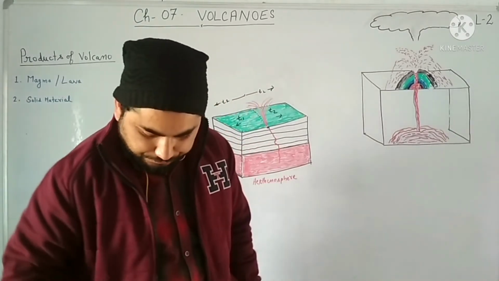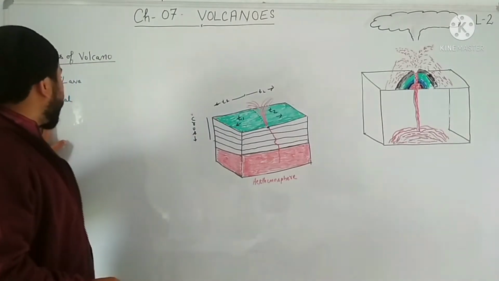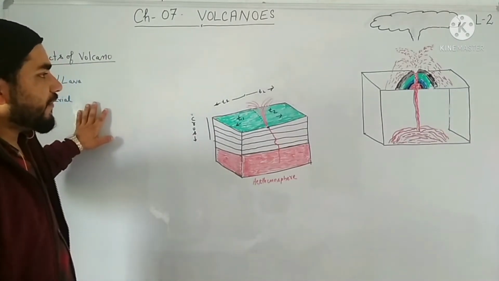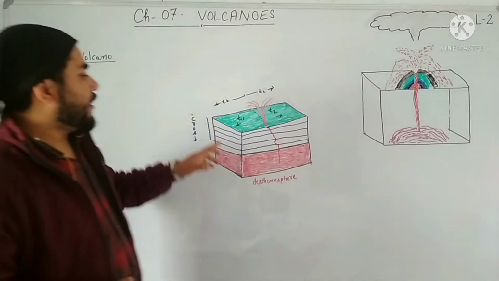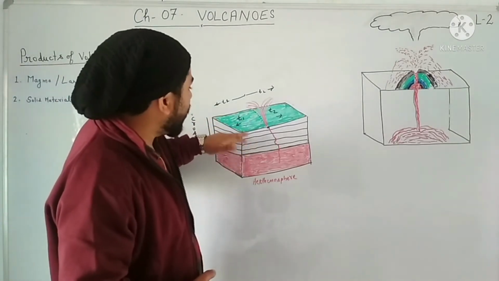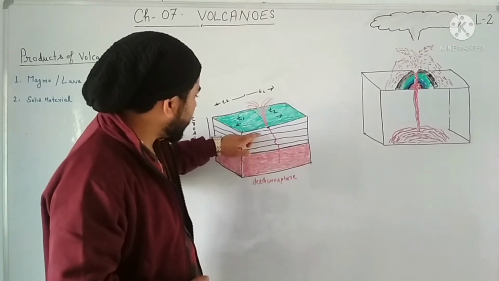So what is pyroclast? What do we get in solid material? When the volcanic eruption takes place, then from here the overlying layers of rocks are there.